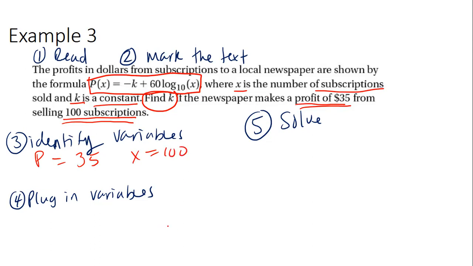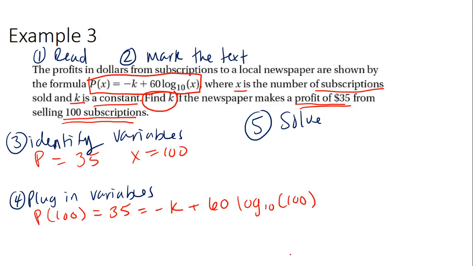Now we're going to plug in what we have. So plugging it in, we know that P of 100 equals 35, which equals negative K plus 60 log base 10 of 100. And now we're going to solve.